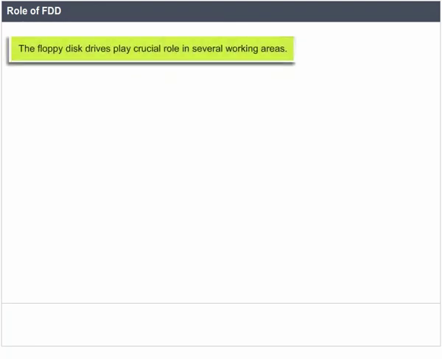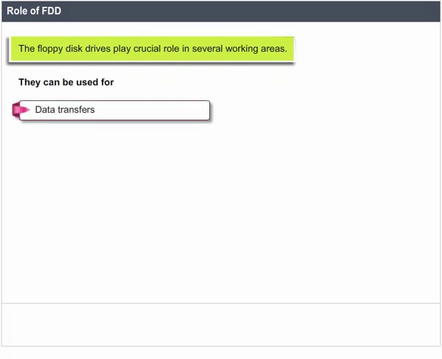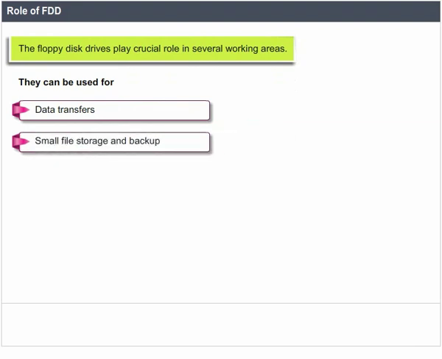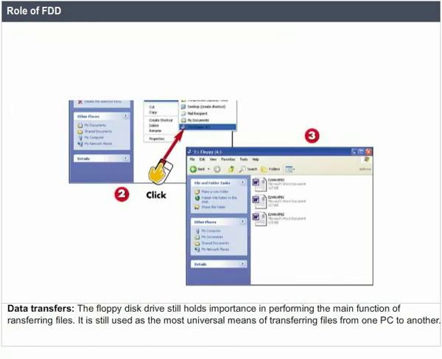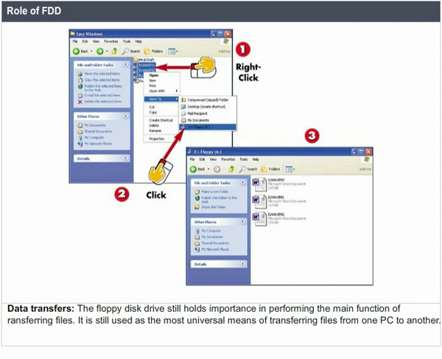Role of FDD. Floppy disk drives play crucial roles in several working areas. They can be used for data transfers, small file storage and backup, and software installation and driver updates. Data transfers. The floppy disk drive still holds importance in performing the main function of transferring files.